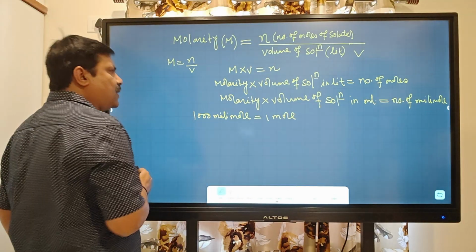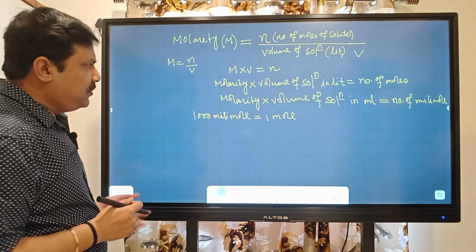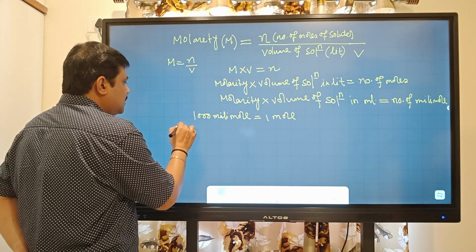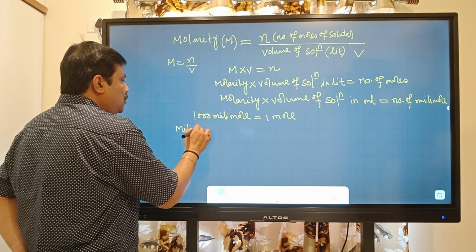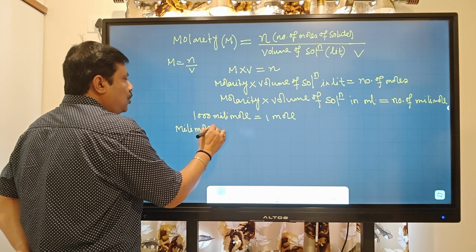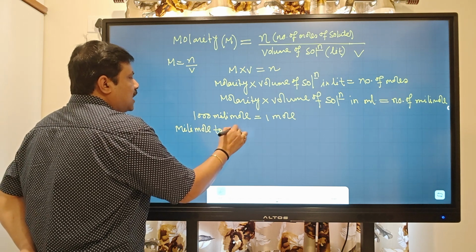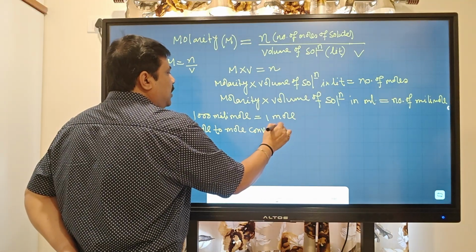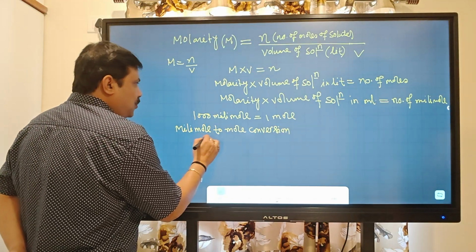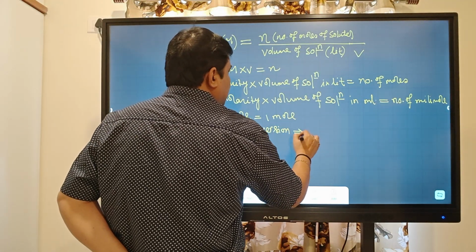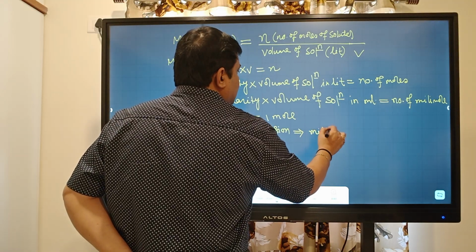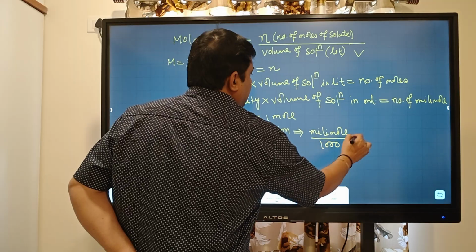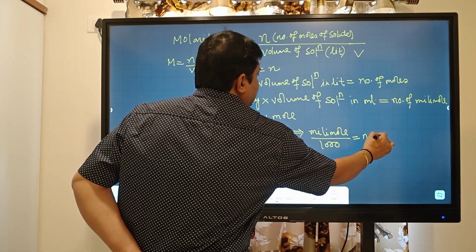And if you want to do millimole to mole conversion, what you have to do? Millimole divided by 1000 will be equal to your number of moles.